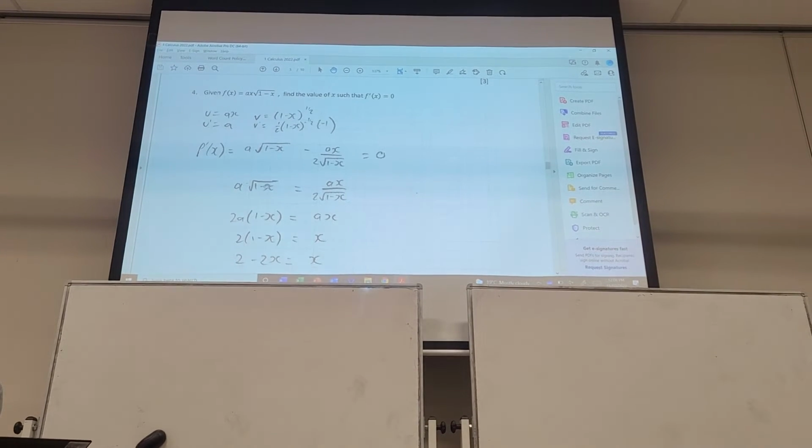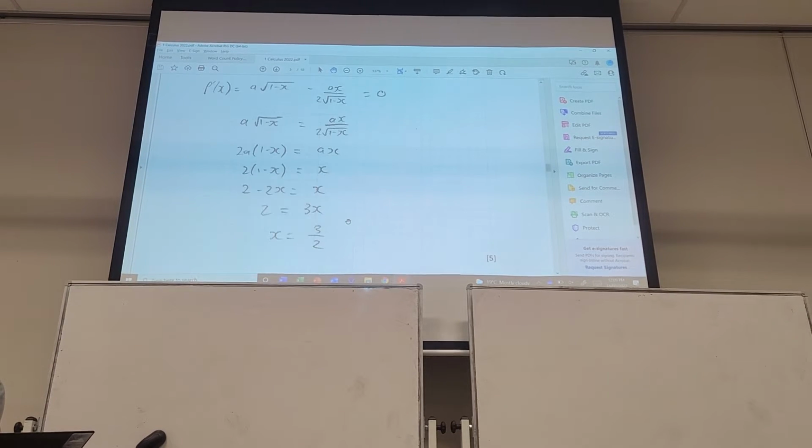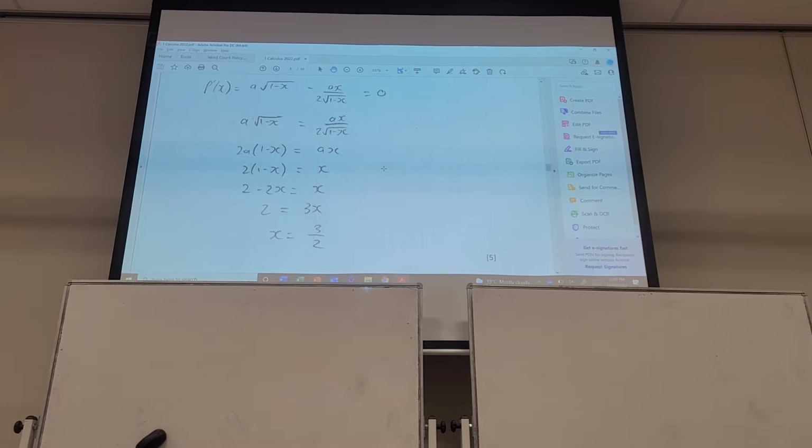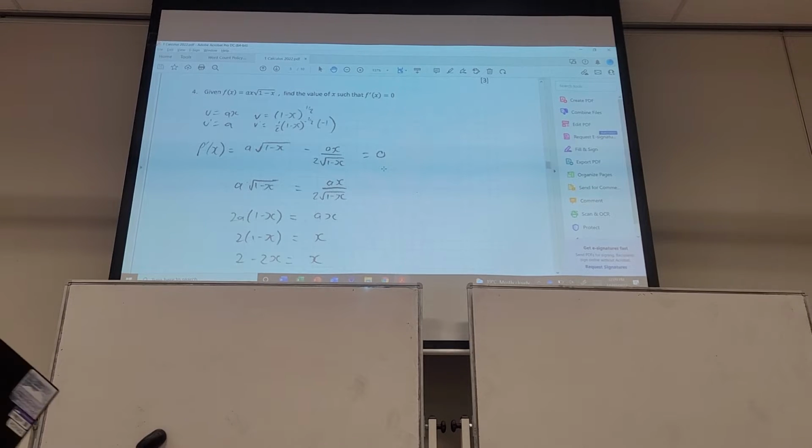I've just moved this term over, multiplied both sides by the denominator, and then I'm just solving that linear equation. The a cancels, so the a is in there, but it's irrelevant to the solution. That isn't one of the textbook questions, so if you did all the questions that I wrote down on the checklist, you would have done that question.